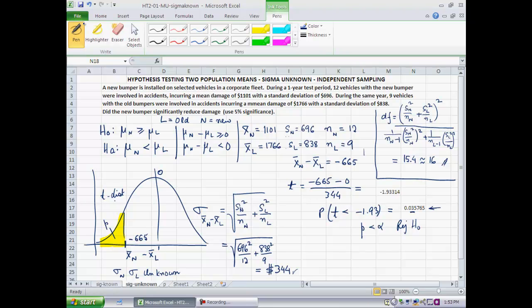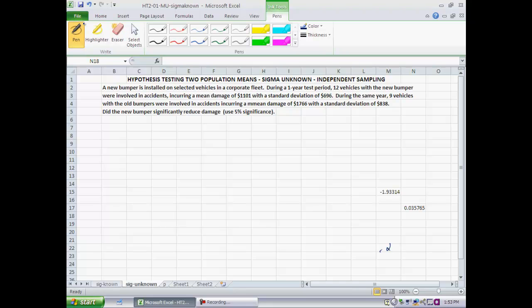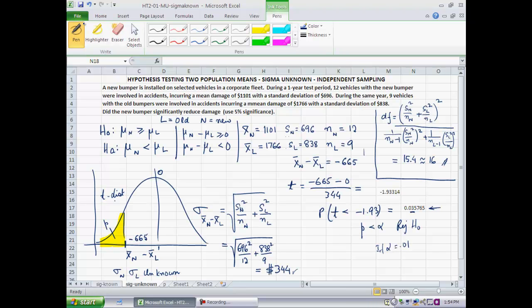Now notice that if I was willing to accept only a 1% chance of making the wrong call, in other words, if alpha was 0.01, which is the other common level of significance that's used, then I would not be able to reject the null. So if I'm only willing to accept a 1% chance of rejecting the null when in fact it's true, then based on the evidence that I have, I don't meet that threshold.